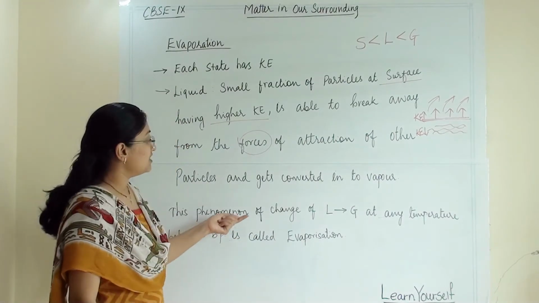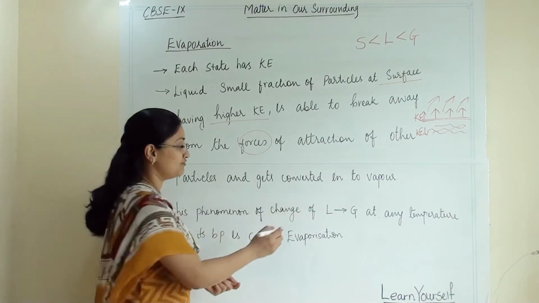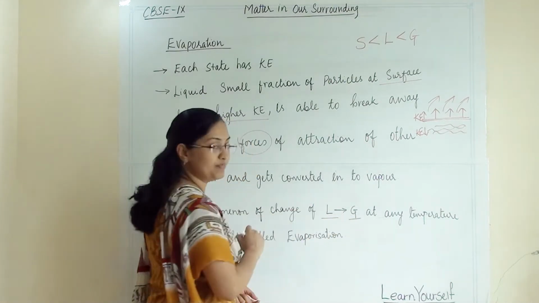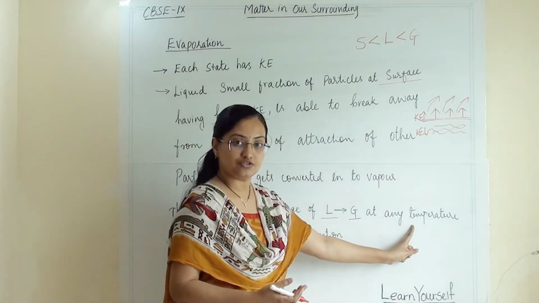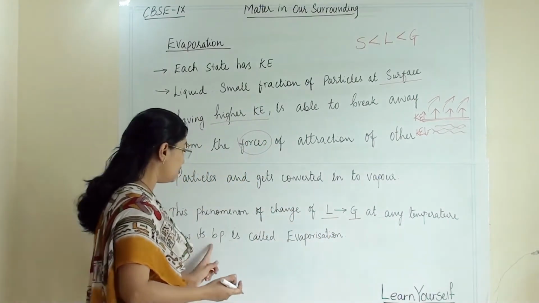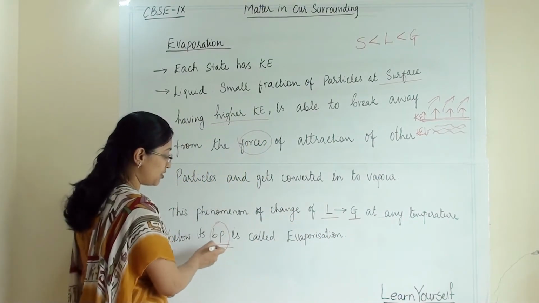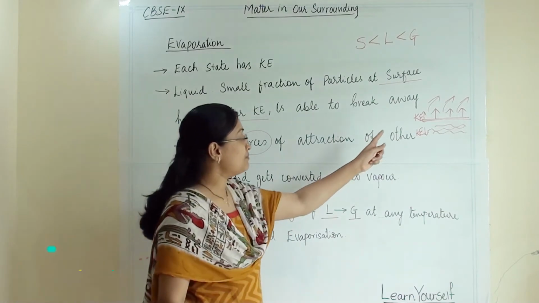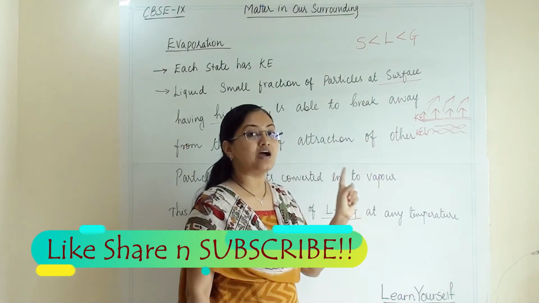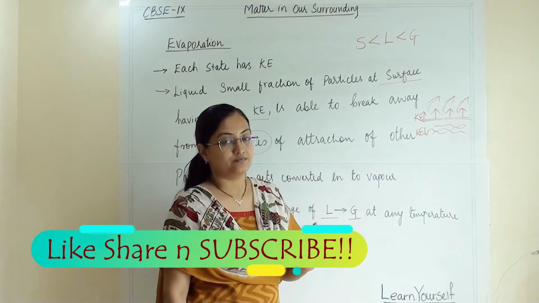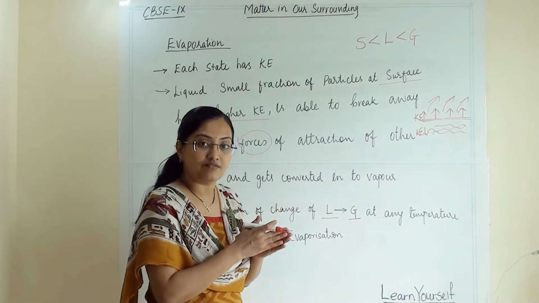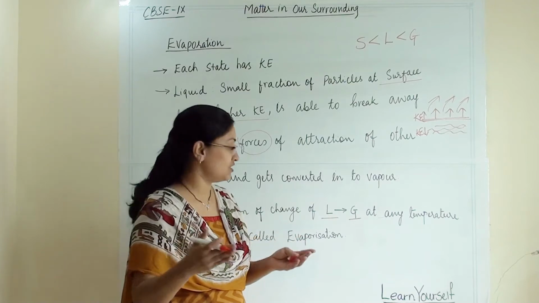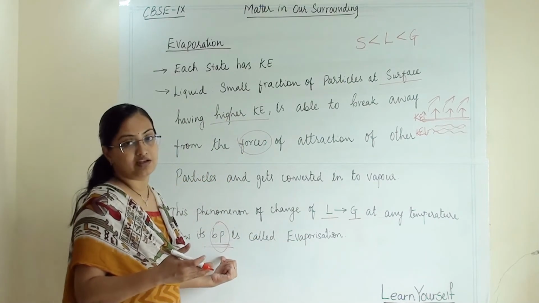This phenomenon of change of liquid to vapor state, or liquid to gaseous state, at any temperature below its boiling point, this is very important. This temperature is not as high as its boiling point. It is lower than that, and it happens over a wide range of temperatures below the boiling point.